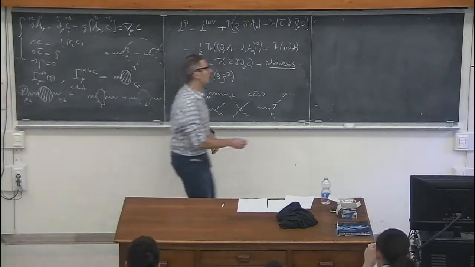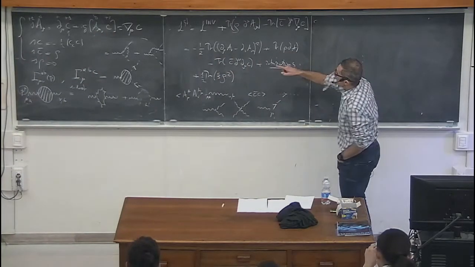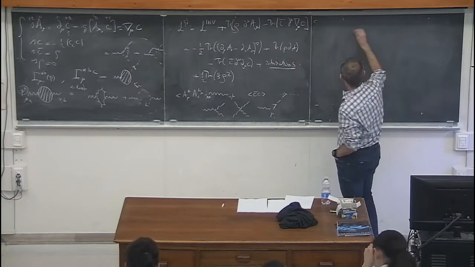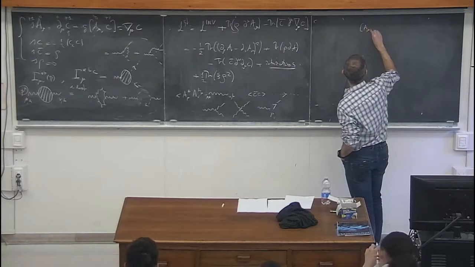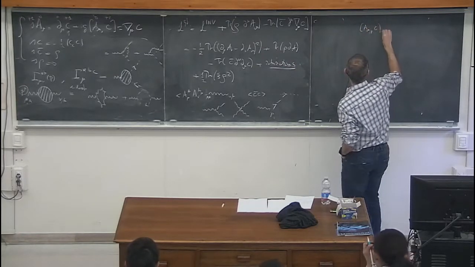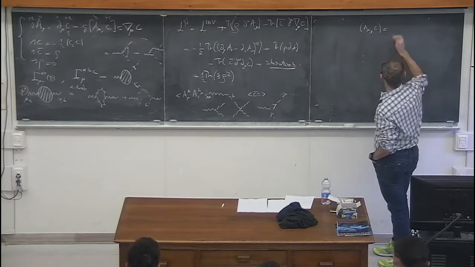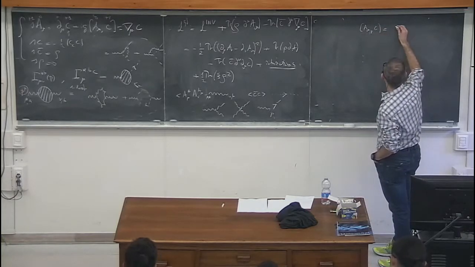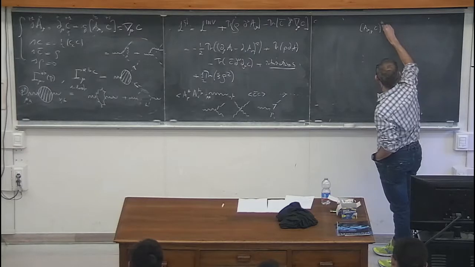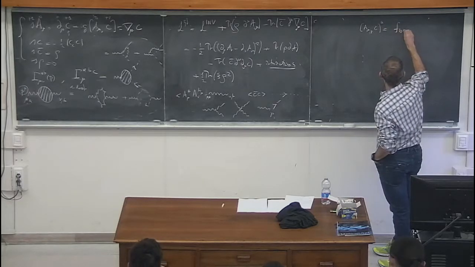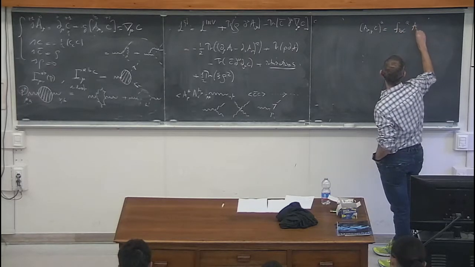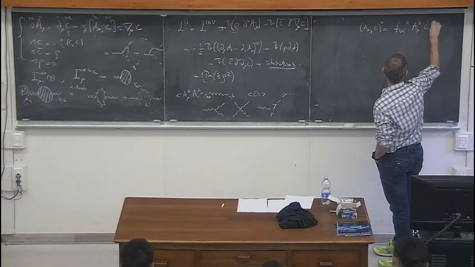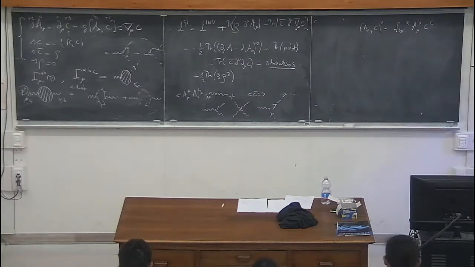Namely, suppose that I do the following. I take this object, which is A_mu C, or written in components, with an index a, that will be something like f^{abc} A_mu^b C^c.